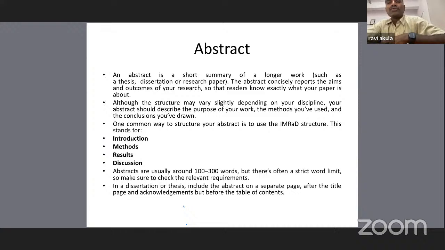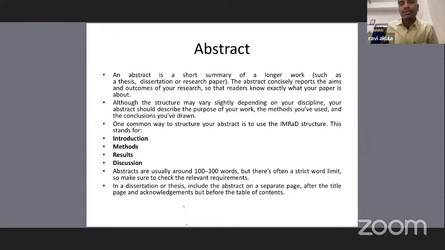So one common way to structure the abstract is in the form of IMRAD, that is the introduction, methods, results, and discussion. So this structure is very popular. The paper alignment or the paper pattern is prepared most popularly in this model.